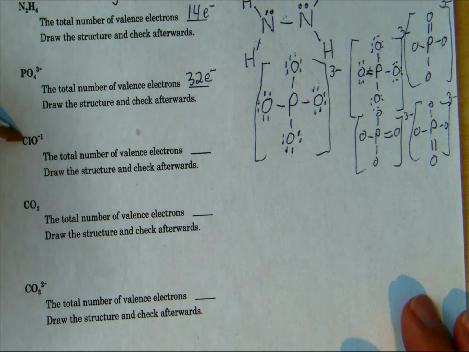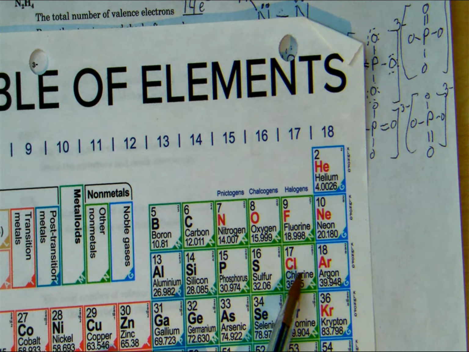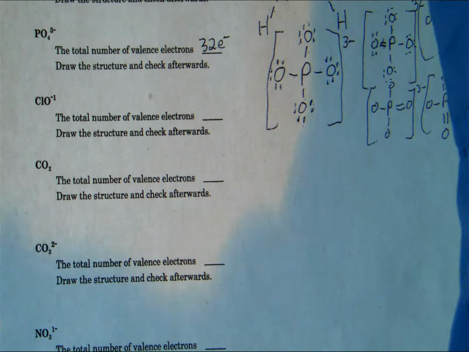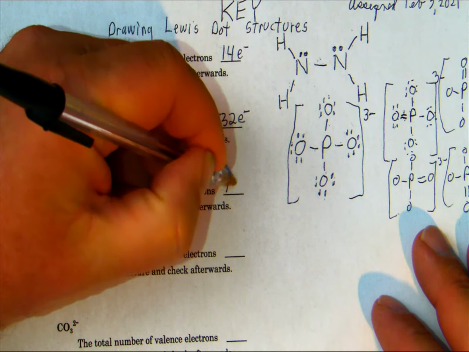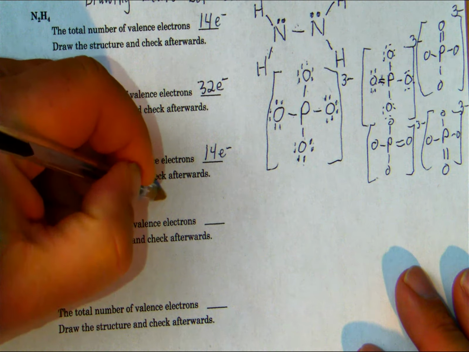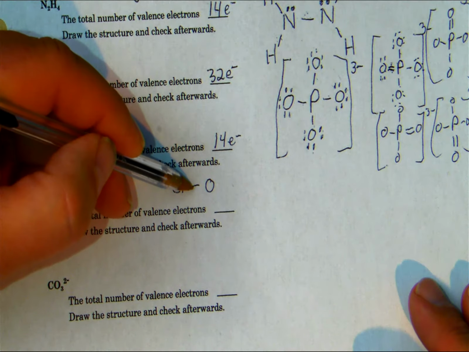For the next one, chlorine and oxygen put together. Chlorine has 7 valence electrons, oxygen has 6. 7 plus 6 is 13. Now add 1 more electron, and we have a total of 14 electrons that we need to accommodate. Chlorine, at least a single bond to an oxygen, takes care of 2.